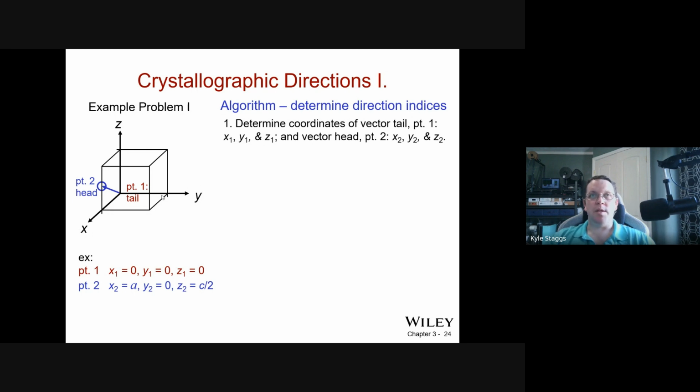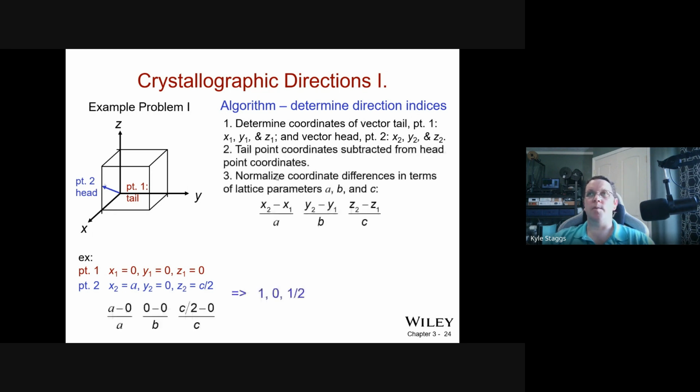They use A, B, and C often as designators. So A, 0 in Y, and half of C for where the head goes. You take the difference between those coordinates and you get 1, 0, half. You can also do this one very quickly by inspection and determine it's 1, 0, half. But this is the formula.